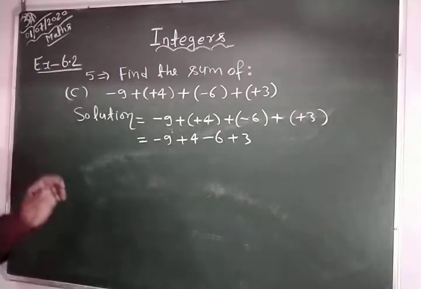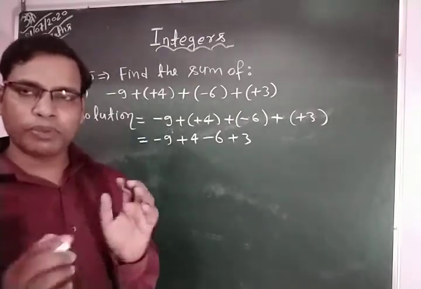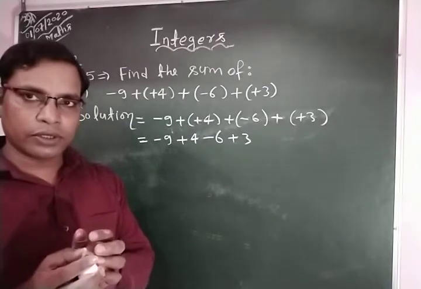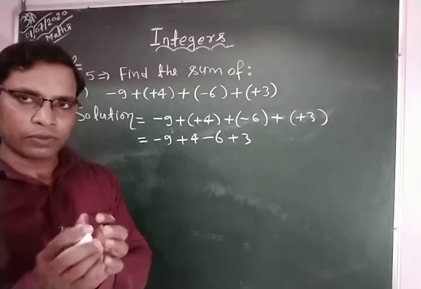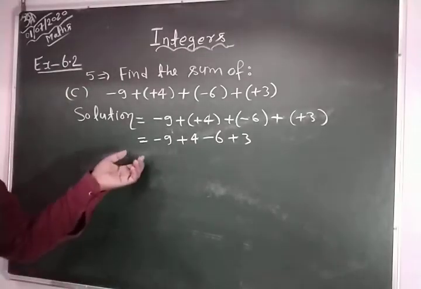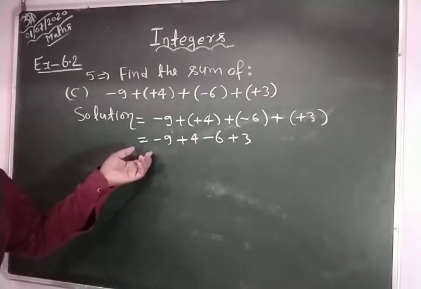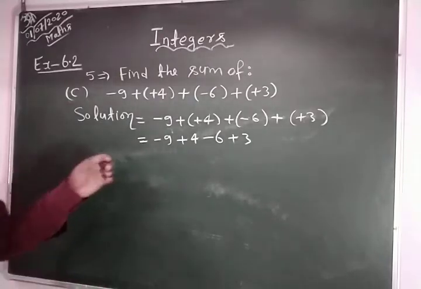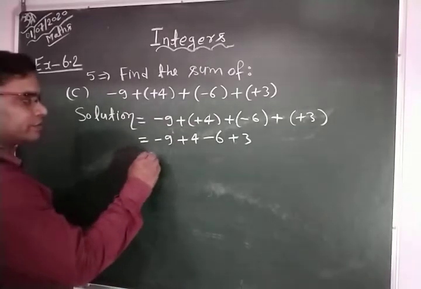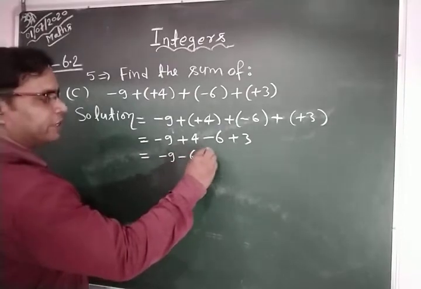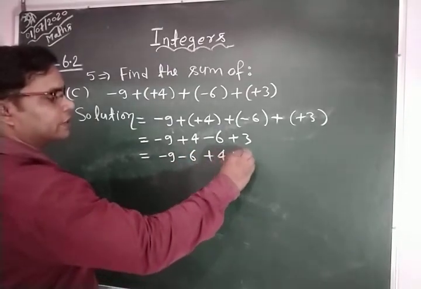Okay, now we do grouping. It means that negative integers in one group and positive integers in other group. Okay, we can rearrange the numbers so that the positive integers and the negative integers are grouped together. So we write minus 9 minus 6 plus 4 plus 3.